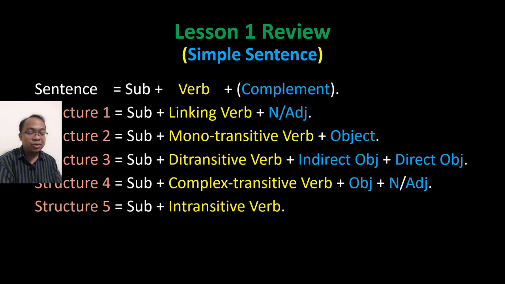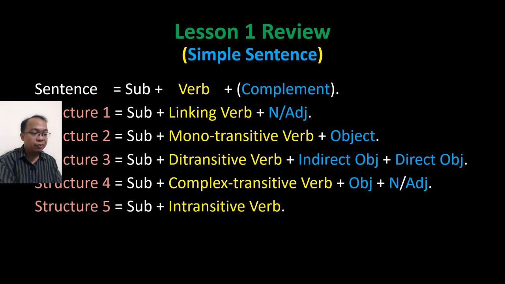For sentence structure number 3, our sentence is written with the ditransitive verb, which requires 2 different objects, the indirect object and the direct object, so that the main verb can have full meaning.